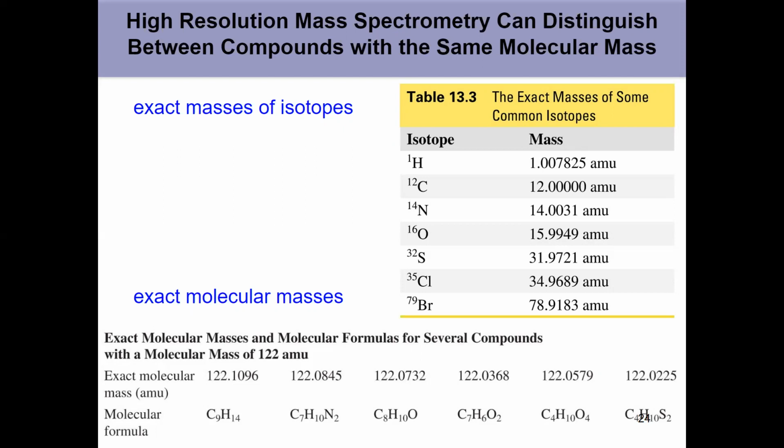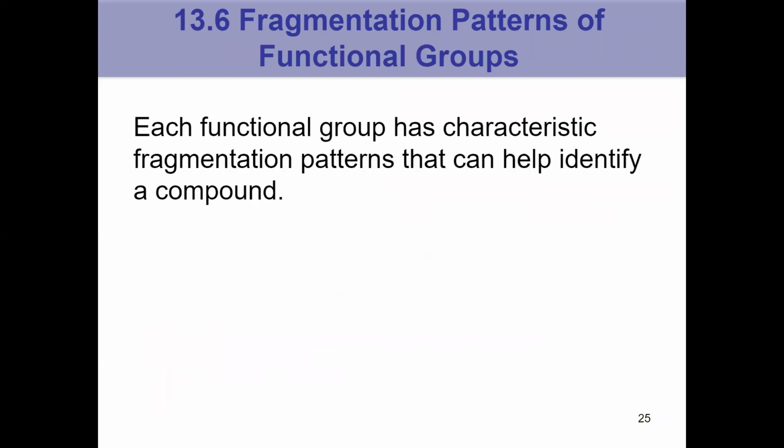Okay. So as we continue to wrap up in this part our discussion of mass spec, we need to consider some clues that it can give us about detecting functional groups. And that comes in fragmentation patterns. We talked about identifying bromine or chlorine, but fragmentation patterns can give you clues about functional groups in mass spec as well.